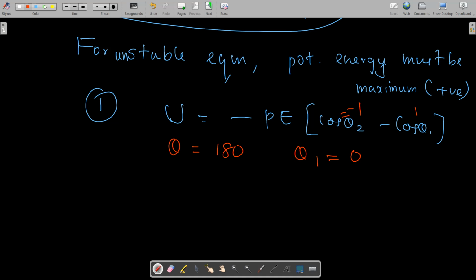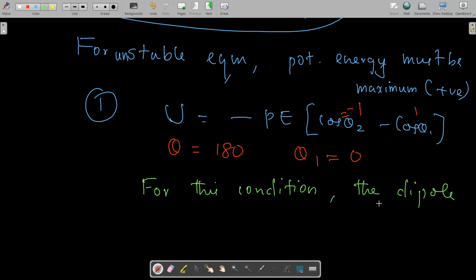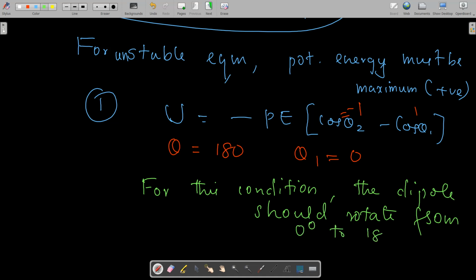Okay. So for unstable equilibrium, for this condition, the dipole should orient or rotate from 0 degree to 180 degree.